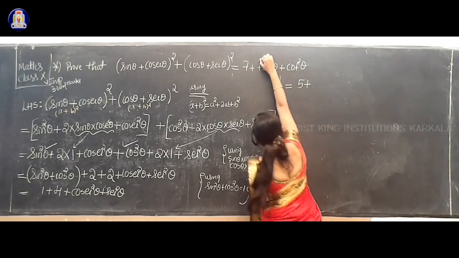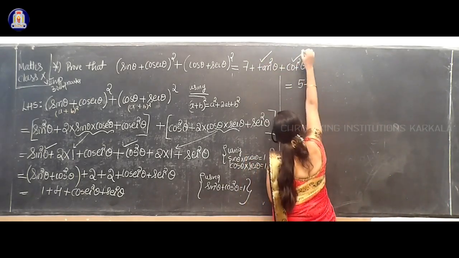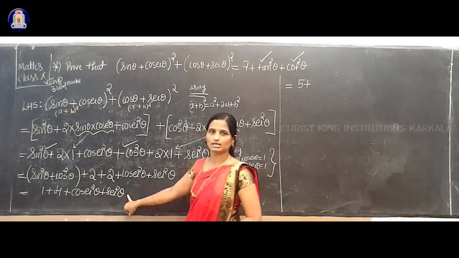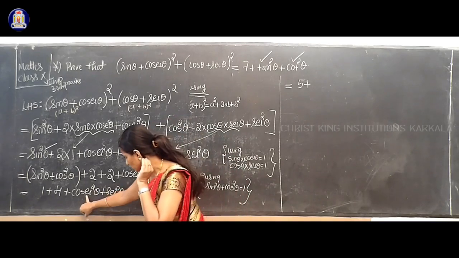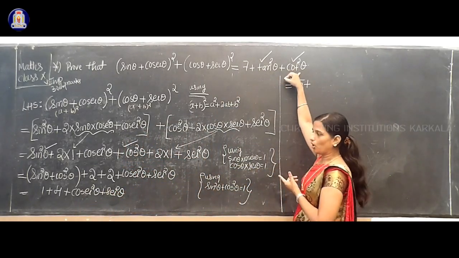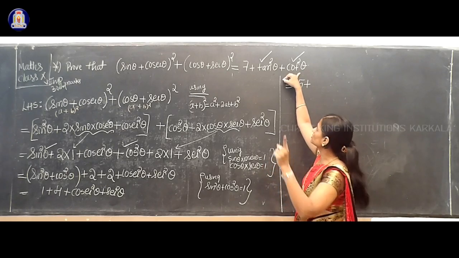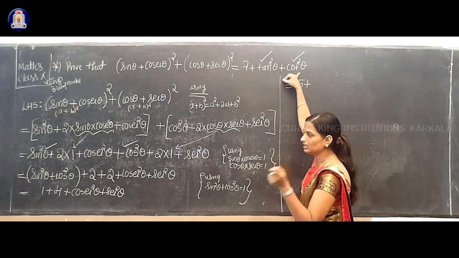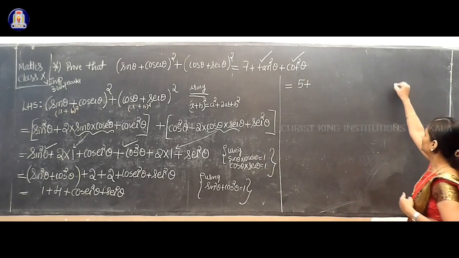What answer do we need here? We need tan square and cot square. But I got cosecant square and secant square. How to change cosecant square in terms of tan or cot? Do you have any relation? Yes, we have a relation.